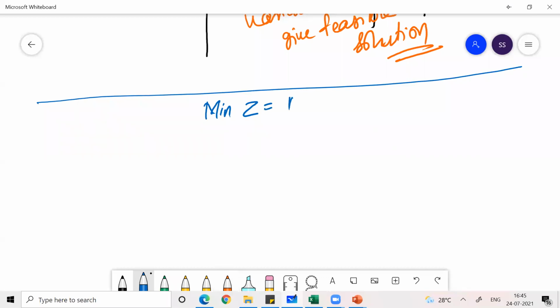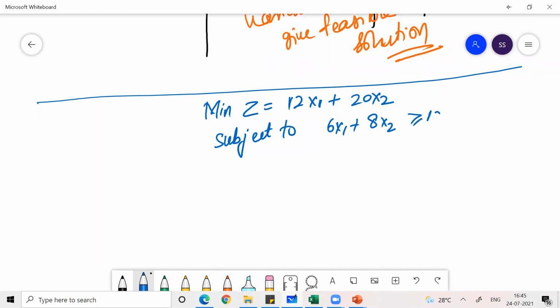Your problem was to minimize Z equals 12x1 plus 20x2, subject to the constraint 6x1 plus 8x2 greater than or equal to 100. The problem here is that the constraints all have the greater than or equal to sign. That is the problem.